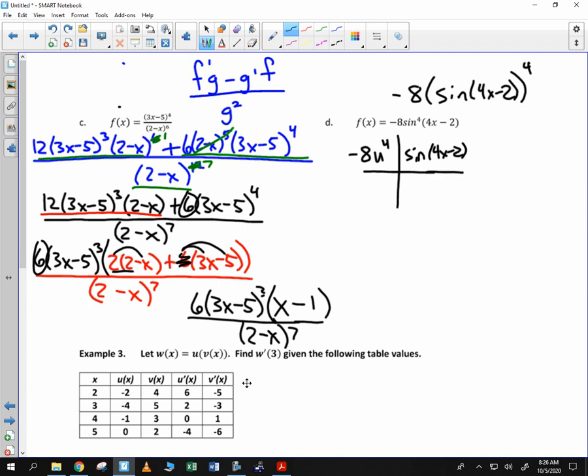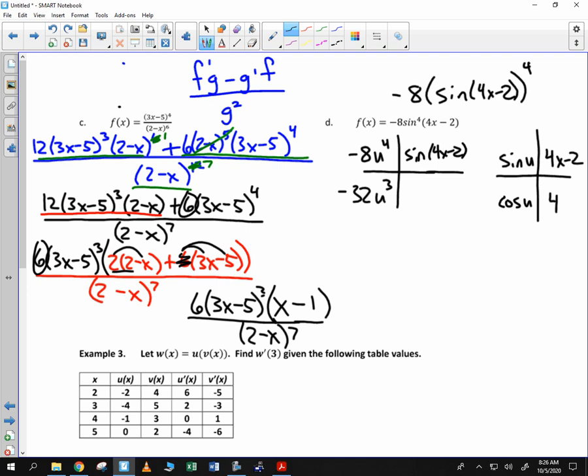Derivative of negative 8u to the 4th is negative 32u cubed. The derivative of sine of 4x minus 2, I set up another chain rule. Sine of u and 4x minus 2. The derivative of sine of u is cosine of u. The derivative of 4x minus 2 is 4.